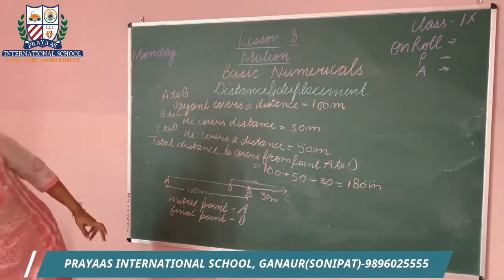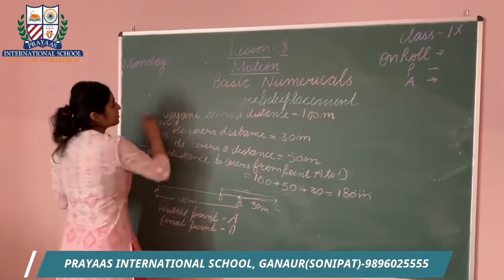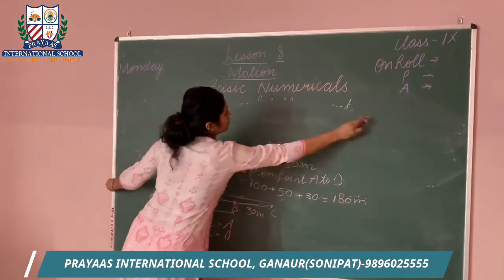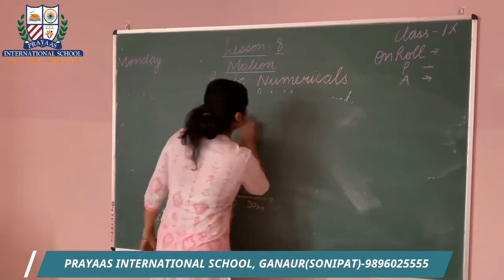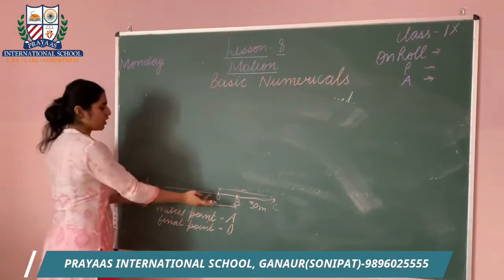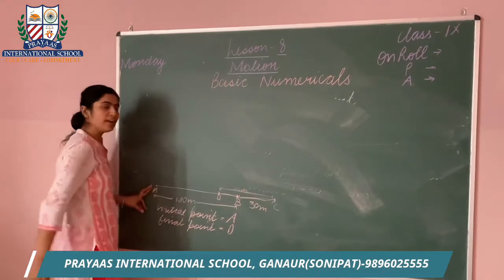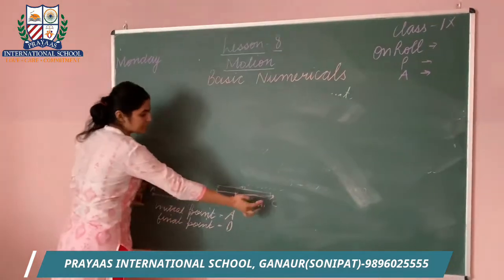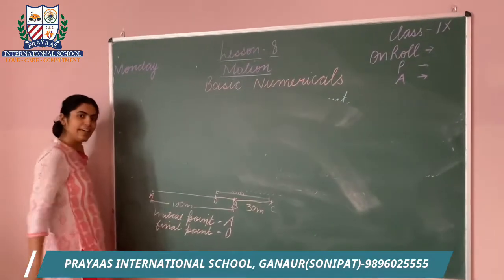So now we will calculate the displacement. I am erasing this distance a little. Now we need to calculate the displacement, the shortest distance to cover from A to D, because A is our initial point and D is our final point. If we subtract AC minus DC, we can calculate AD easily.